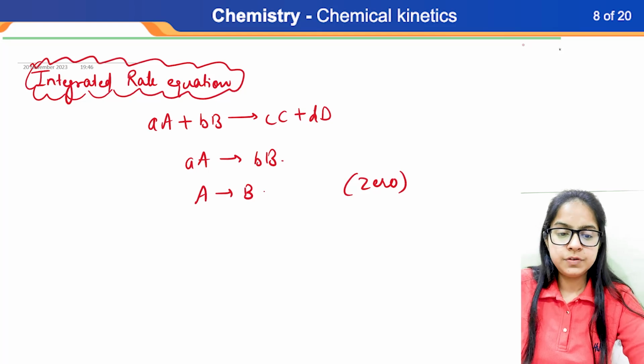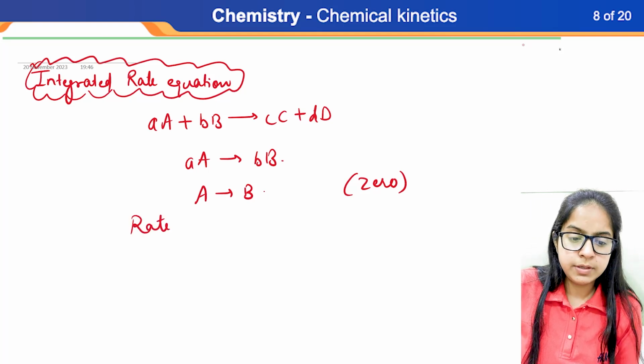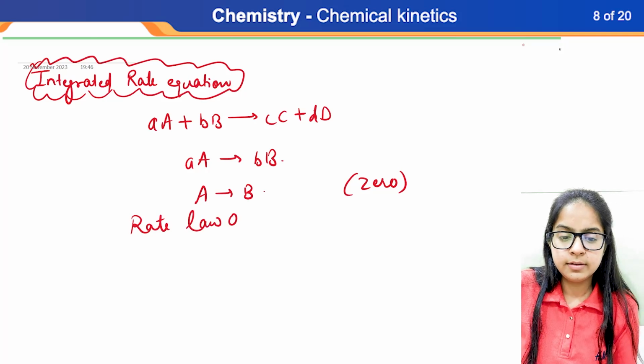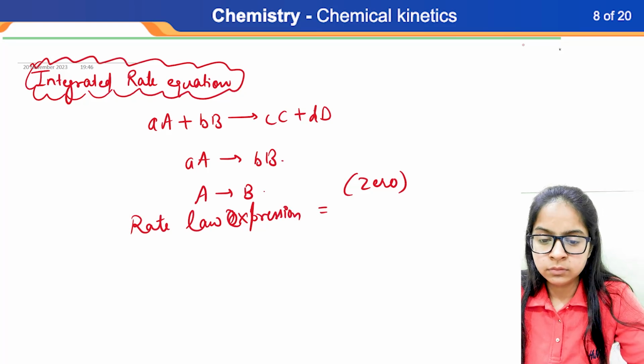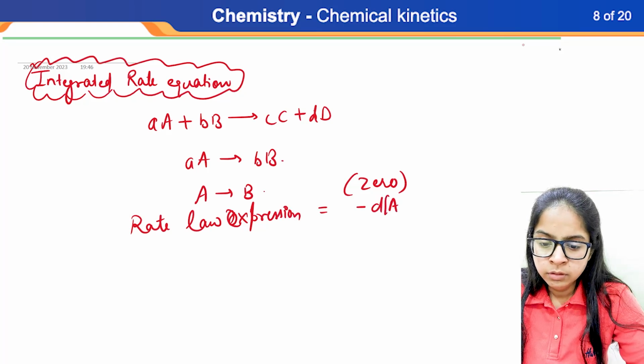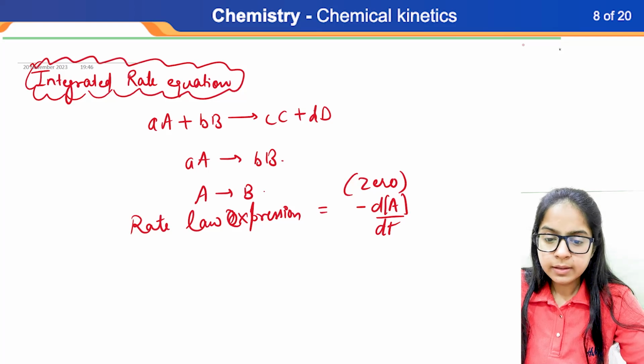I have taken coefficient as 1, 1. Rate law expression, how we can write minus dA by dt. This is the rate law expression.